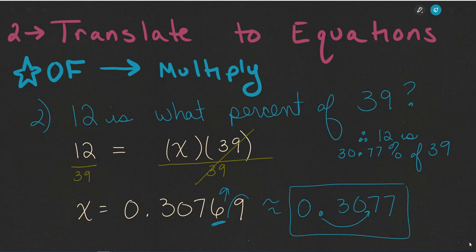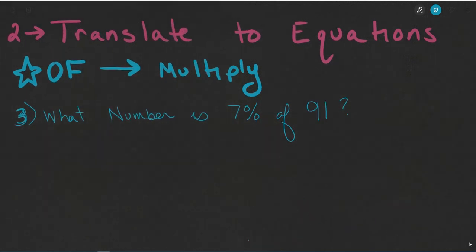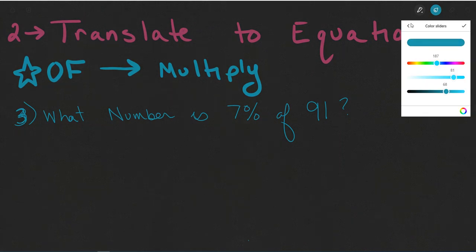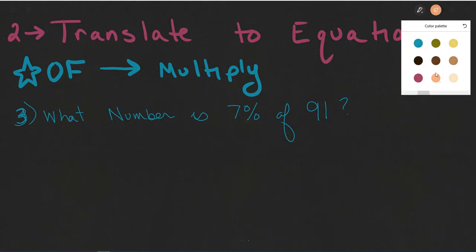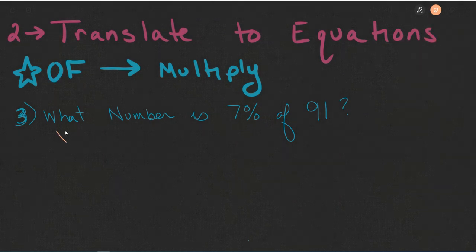Notice that all we're doing is translating the words into an algebra equation and then solving for x. What number, so there's our x, is 7% of 91? 7%, if I make 2 decimal places, I'm going to have to add a placeholder.